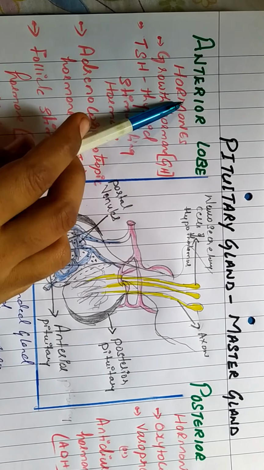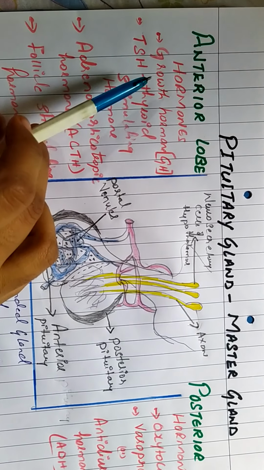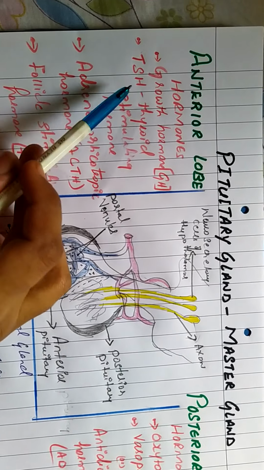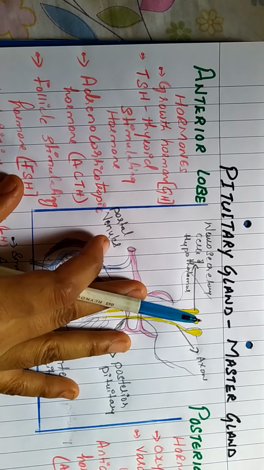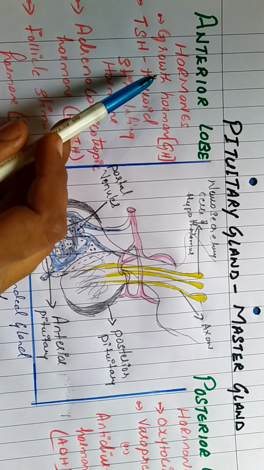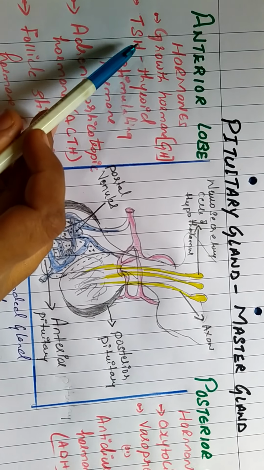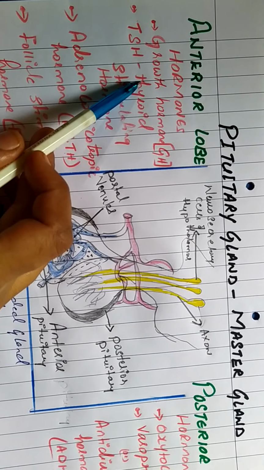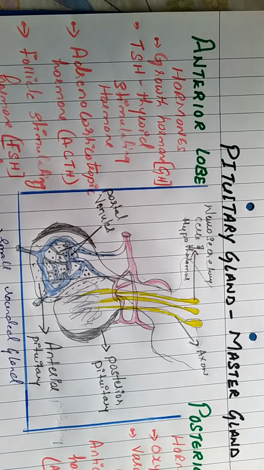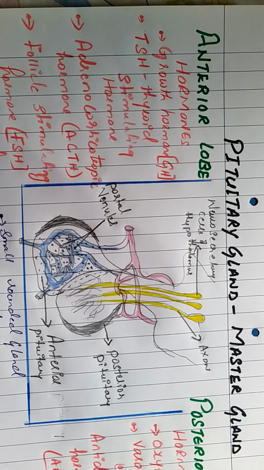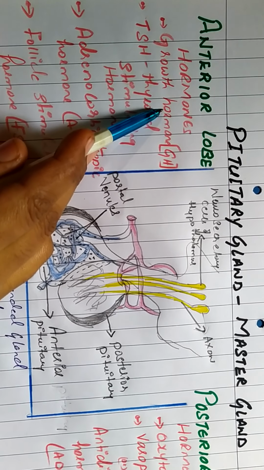The hormones produced by the anterior lobe are almost 6 hormones. Let us go into detail about their functions. The first is the growth hormone. As the name itself indicates, it helps in growth. So it is essential for normal growth of the body.